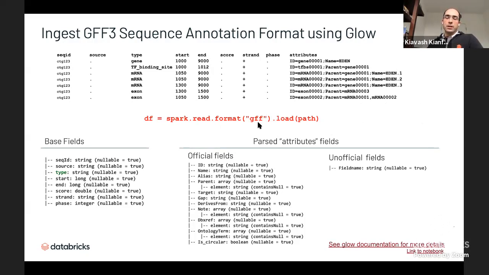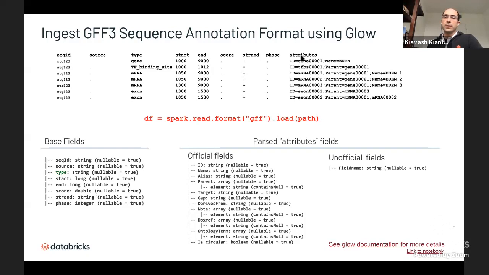So we have designed this GFF reader to be quite versatile. Essentially, it loads this as a Spark DataFrame, which will have a schema as follows: the first 9 columns will appear with the particular types in your data frame.